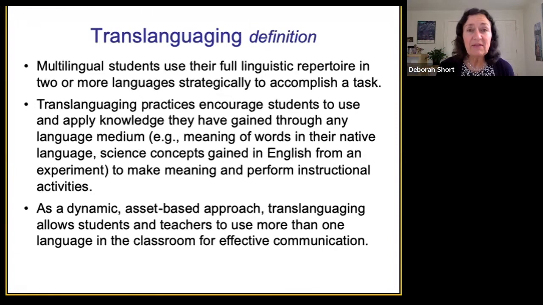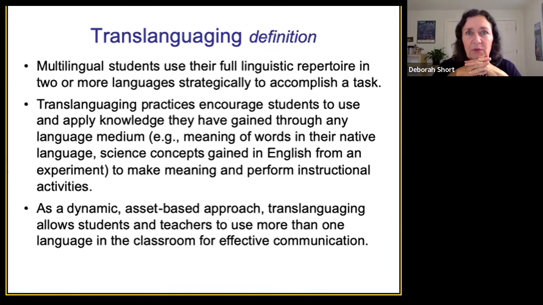Or maybe they've done an experiment in science in English and they've gained knowledge that was taught through English. That's perfectly fine. Both of those types of language-driven knowledge bases should be applied in our classrooms, and they can make more meaning building on those foundational concepts. It's really a dynamic and asset-based approach to learning.